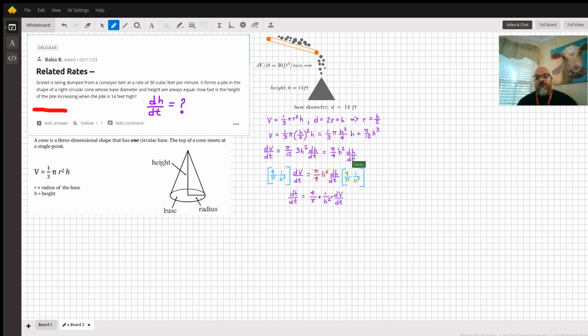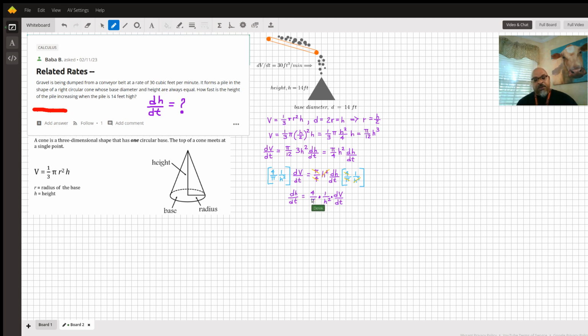Now, we're trying to solve for dH/dt. So we multiply both sides of the equation by the reciprocal of pi over 4, h squared. And that leaves us with dH/dt.